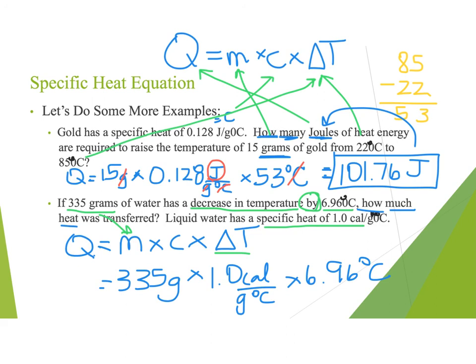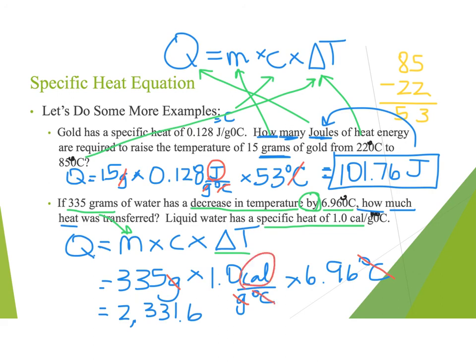So if we plug that into our calculator, we get 2,331.6. And again, if we take a look at our units and see which ones cancel, we have grams on top, grams on the bottom of a fraction. We have degrees Celsius on top and degrees Celsius on the bottom of a fraction.